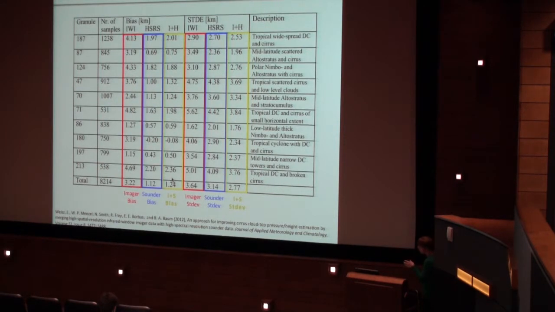What we can see from here is that overall the hyperspectral sounder has the lowest error, so it compares best with the LiDAR. What we also can see is that if we work with both the imager and the sounder together, so we make use of the high spatial resolution of the imager and the high spectral resolution of the sounder, we can also improve the results over the imager alone.